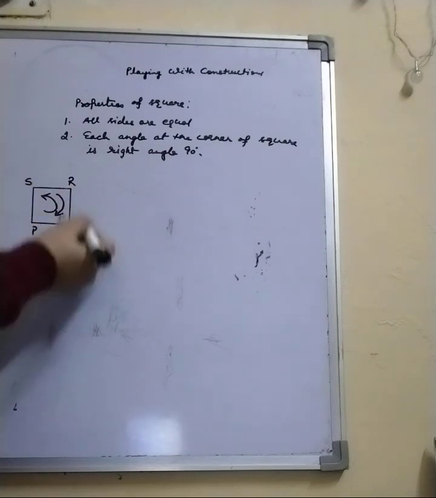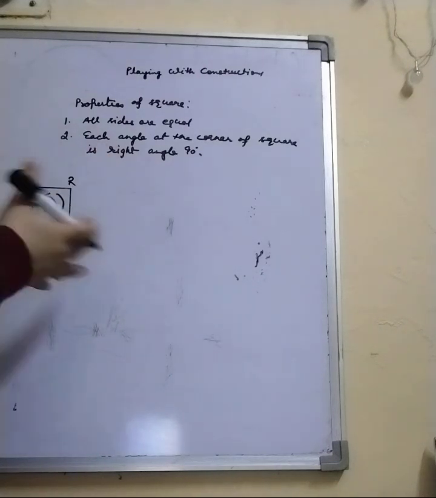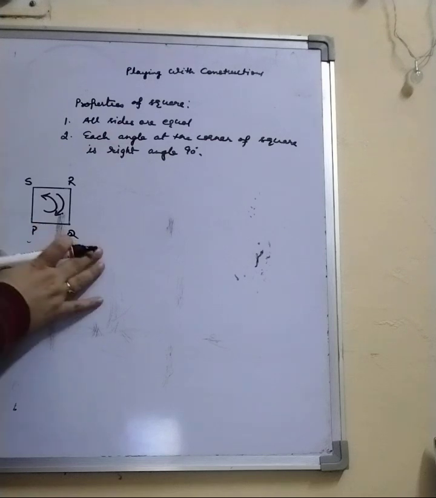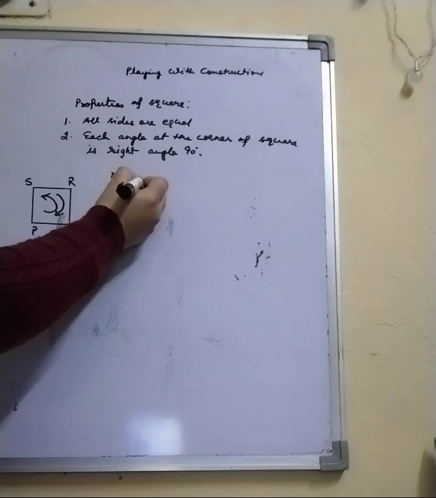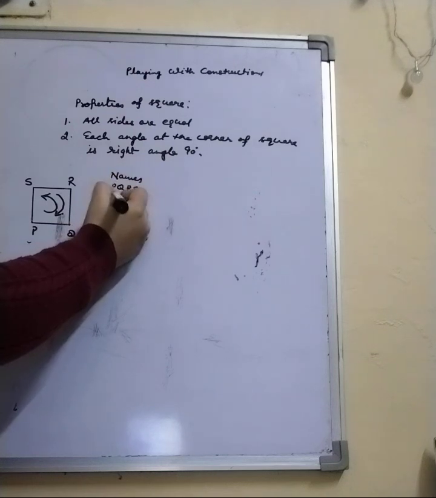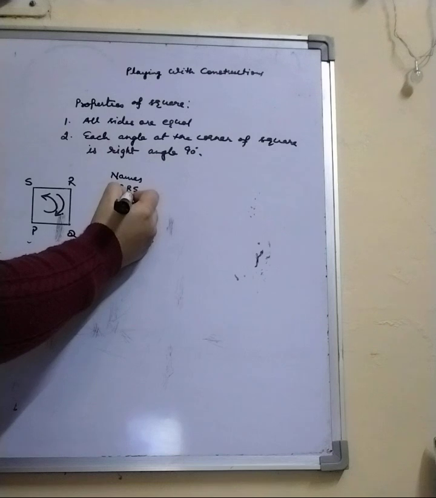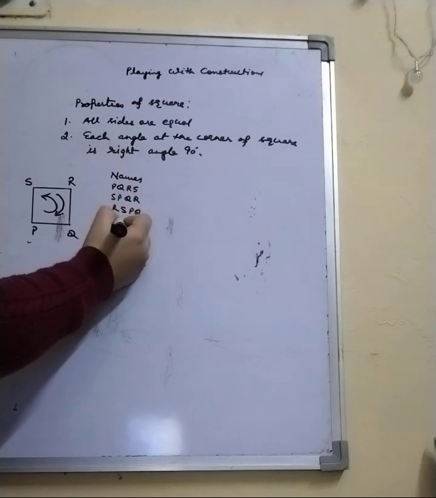PQRS, SPQR, RSPQ. So suppose this is the square I have given you. What are the names that you can write? You can write PQRS, then SPQR, then RSPQ, then QRSP.